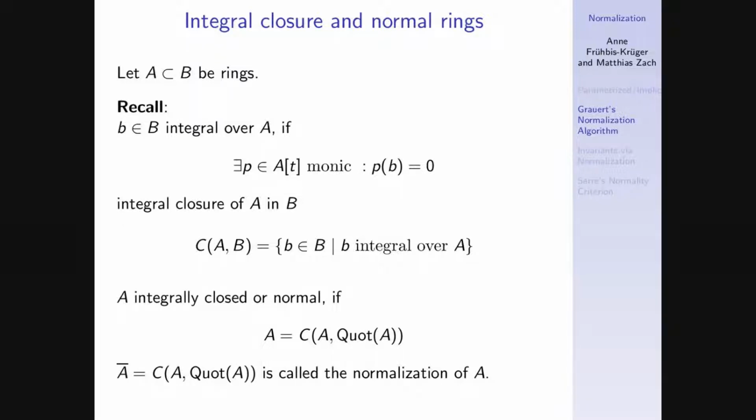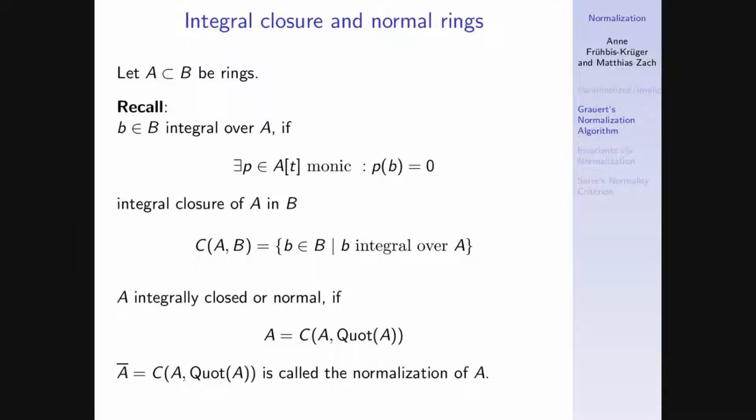And A is called integrally closed or normal, hence the word normalization, if A is its own integral closure in its quotient field. We are also writing A bar for the normalization, the integral closure of A in its quotient field.